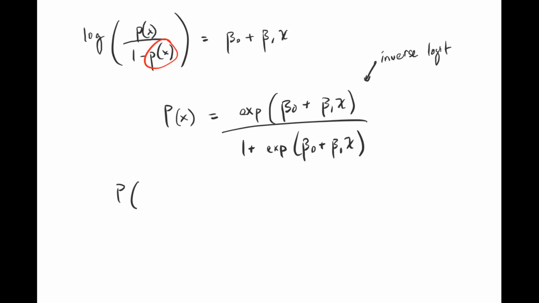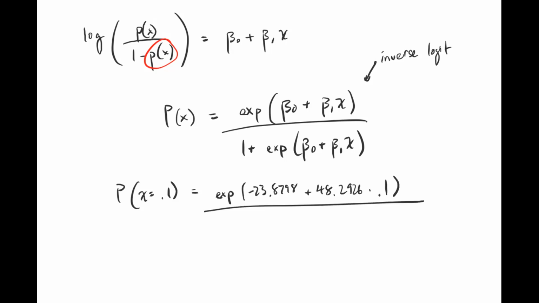The probability when x equals 0.1 would be, right, exp of negative 23.8798 plus 48.2926 times 0.1, divided by 1 plus exp of the same thing. Okay, and this is about 0.010325.